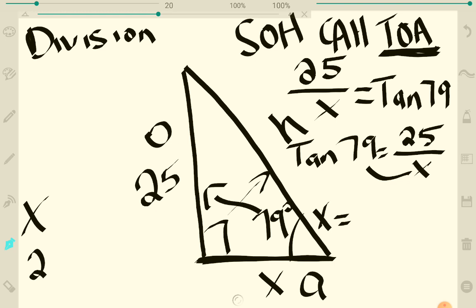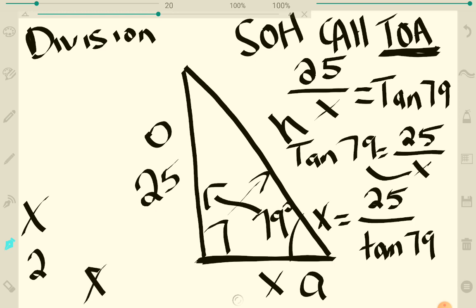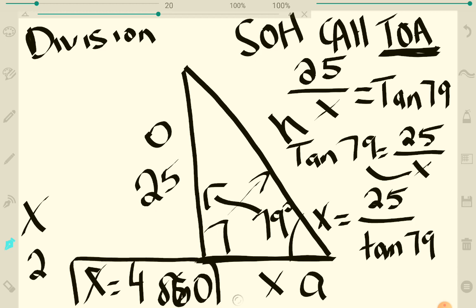So x equals 25 over tangent 79. If you punch that into your calculator, you should get 4.860 as our division answer for this problem.